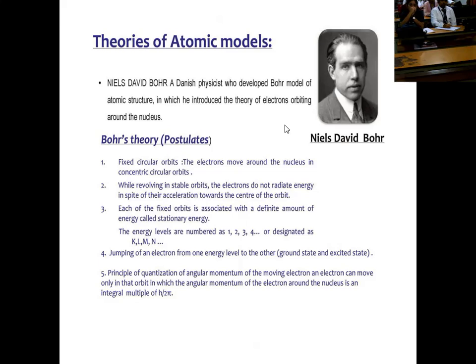From these two equations, maybe next class I will derive the r, v and E, the radius, the velocity and the energy of the electron in the Bohr orbit, or particularly the Bohr orbital energy levels that we need to calculate. But for the time being, I will give the equations. Okay. So I end here today.